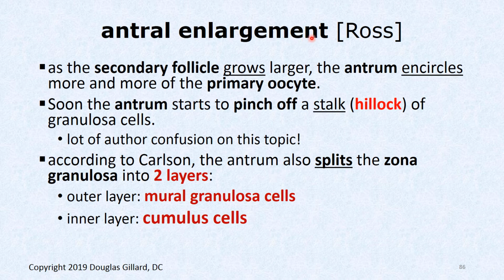Okay, and so what happens next? This antrum is almost like the chorionic cavity and the amniotic cavity, but more specifically, when we talk about the chorionic cavity, this is the same story. So as the secondary follicle grows bigger and bigger and bigger, the antrum soon encircles almost the entire primary oocyte.